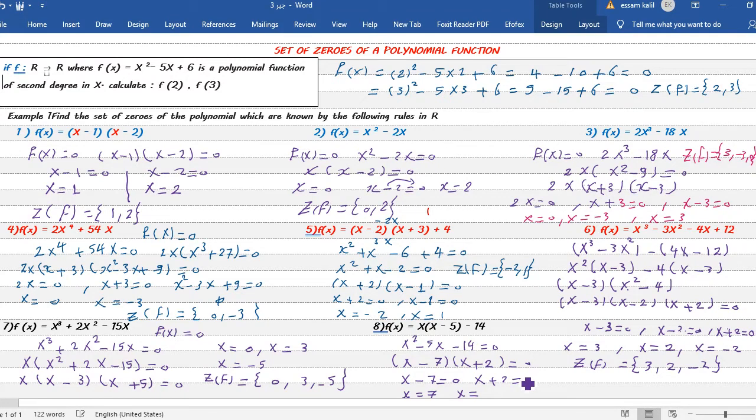Move positive to the other side, it becomes negative 2. Then zeros of f equal what? Open brackets 7, comma, negative 2.